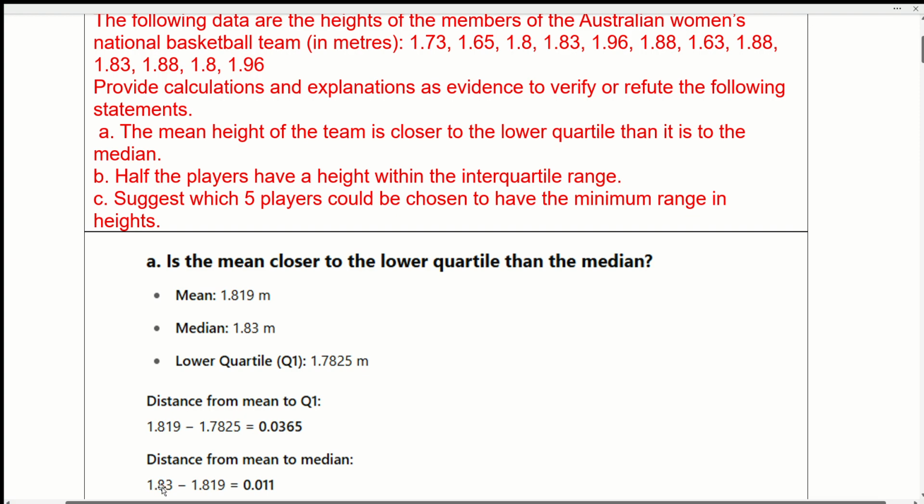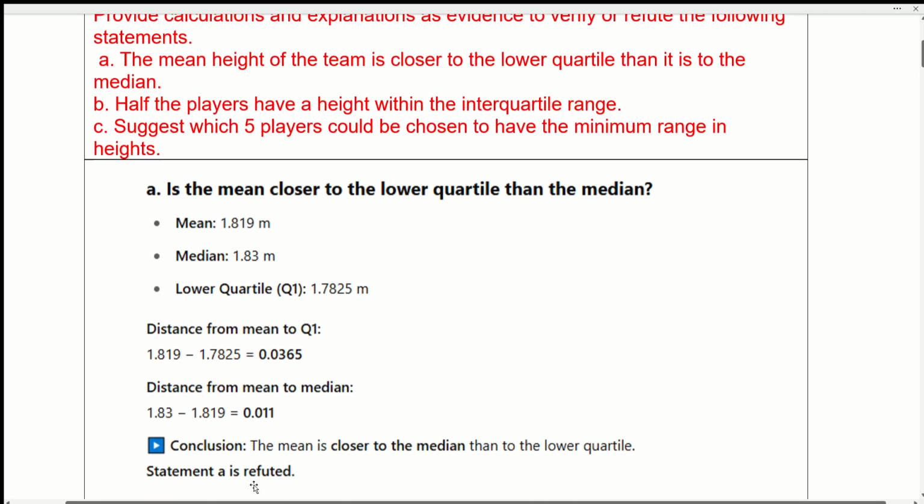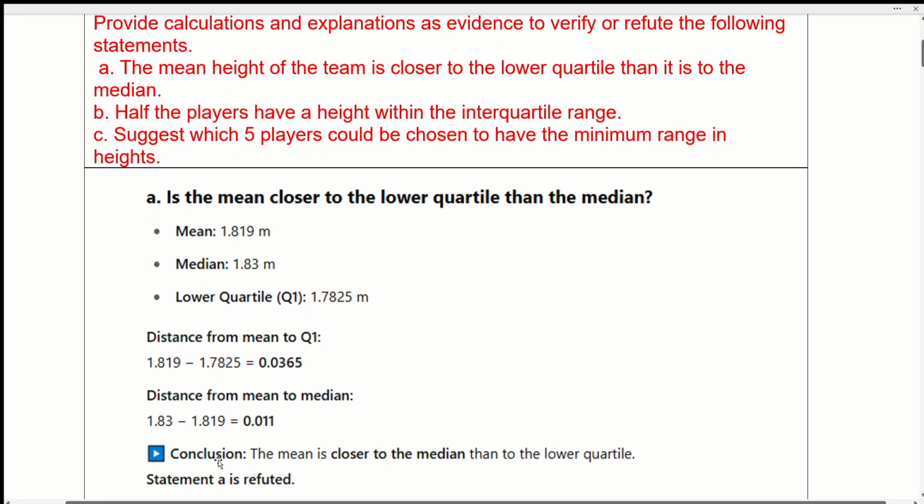You get your median, you take it away from the mean. So your biggest take away the smallest and you get the distance. As a result of it, our conclusion for statement number 1 is the mean is closer to the median than the lower quartile, so the statement is refuted, meaning the statement would be false. How I have figured out mean, median, and lower quartile, I'll come to that in question number 3.